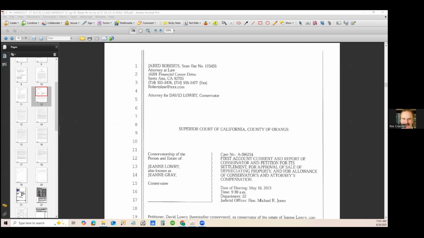Also be very diligent and understand that whoever is preparing this accounting can possibly be called as a witness or be called into court.